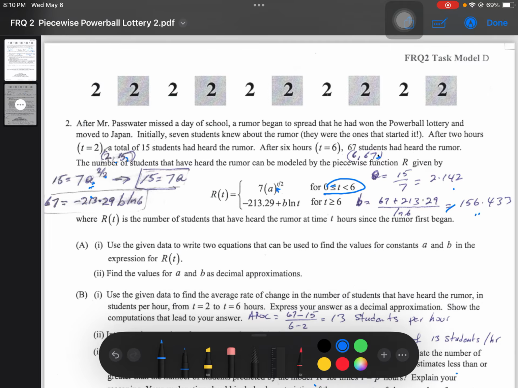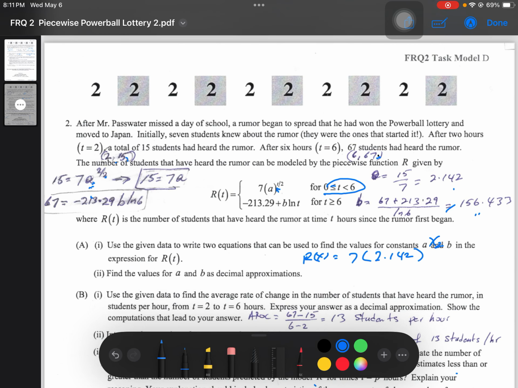In Desmos, you put R of x for the first equation, 7 times 2.142 to the power of x over 2.